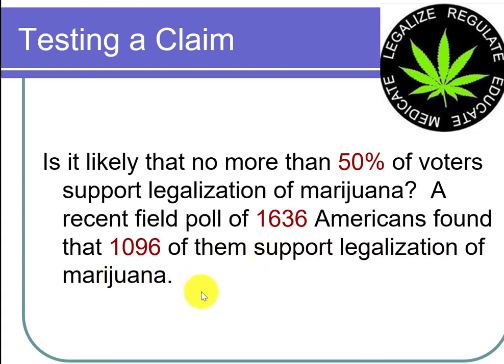So what is that probability that if you were to sample 1,636 randomly selected Americans, such that really 50% support legalization of marijuana, that you're going to have at least 1,096 of them say they support? This is a really important kind of question in which we're finding what's called a p-value. And that's going to come up a little bit later in this class, not today.